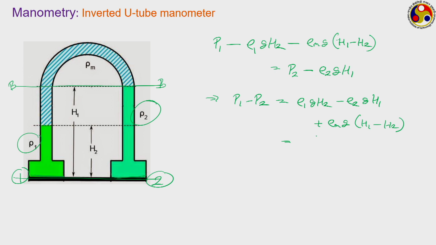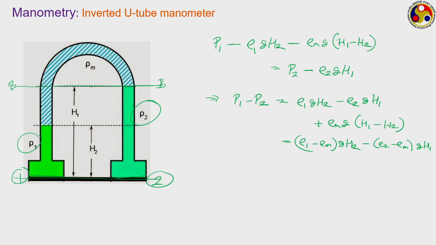If we take the H2 part out, we have (rho 1 minus rho m) g H2 minus (rho 2 minus rho m) g H1.